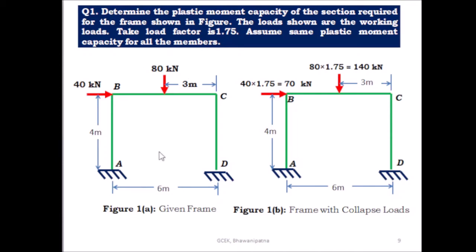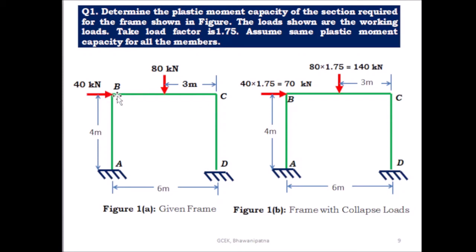So this is the total frame, and here there is one concentrated load on the span BC at a distance of 3 meter from support B or support C. That is, the load is at the midpoint of span BC. AB and CD are the vertical members and BC is the horizontal member.